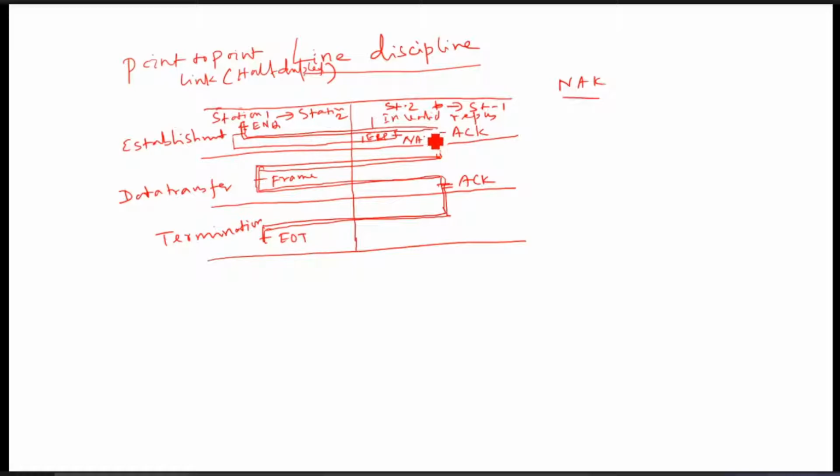So these are the other cases, and you see these heavy lines. This heavy line that I have shown indicates the normal sequence of the communication events. Now, if some unexpected event occurs, like NAK or invalid reply, then station 1 can retry its last action, or may use some error recovery procedure, ERP.